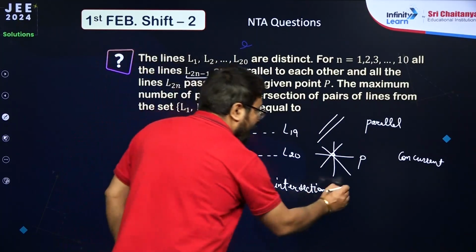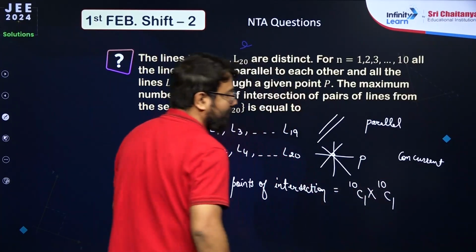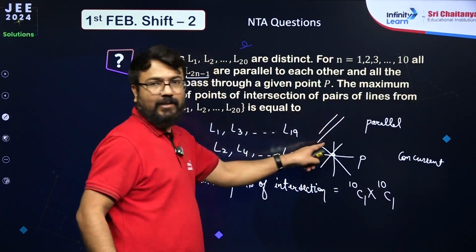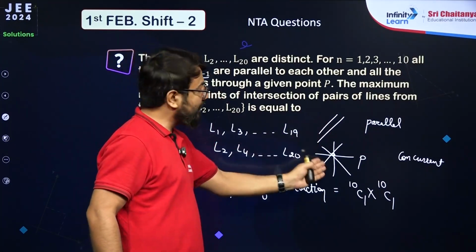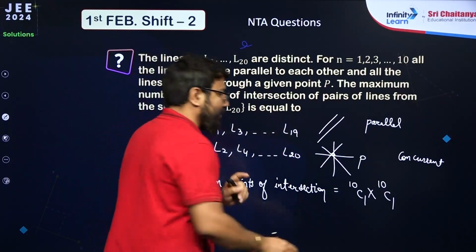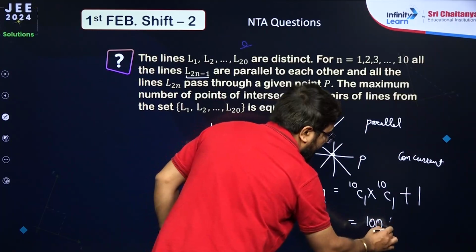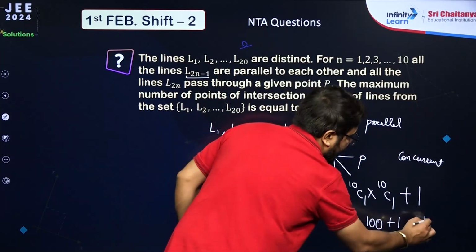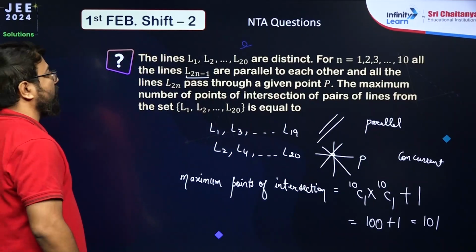So the points of intersection of these 10 lines with these 10 lines will be 10C1 into 10C1. These 10 lines will be meeting at no point, 0 points, because they are all parallel. But these 10 lines are meeting together at 1 point. So that is why we are adding 1. So that becomes 100 plus 1, which is 101. So 101 is the final answer to this problem.